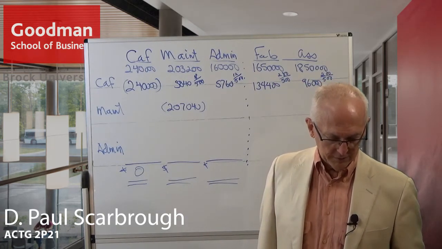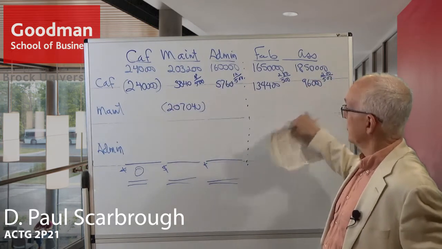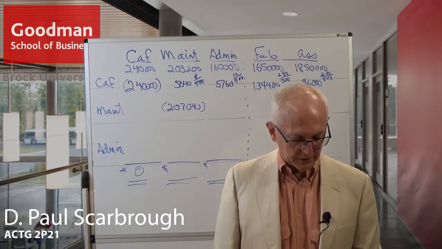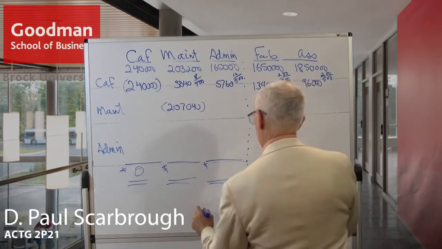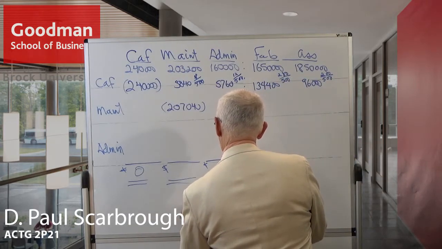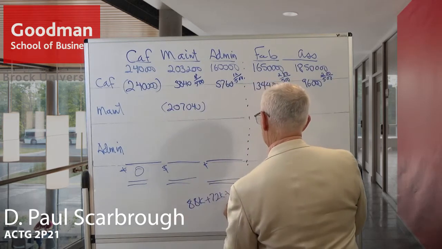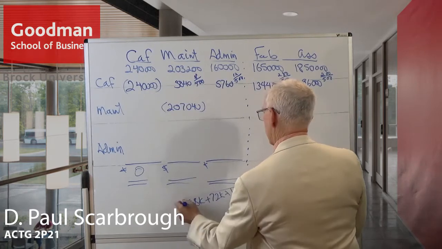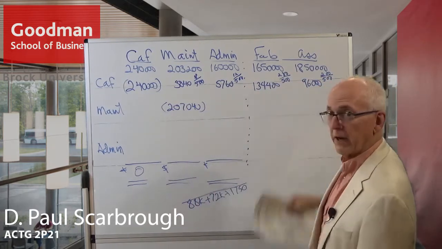If we look at square footage occupied, and we need to look at admin, fabrication, and assembly, for administration it's 1,750, and 88,000, 72,000. I'm going to do this down here. So we have 88,000 plus 72,000 plus 1,750. That is the denominator that we need to use for these three fractions.